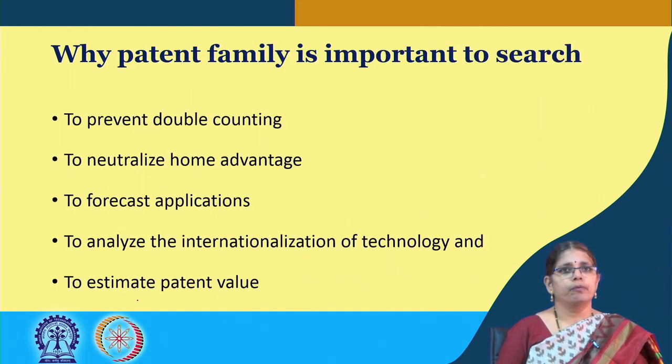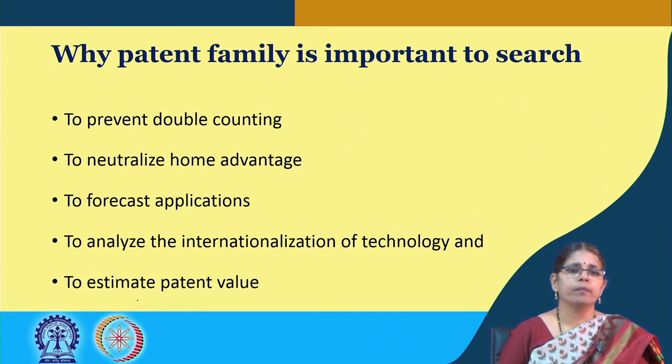We talked about patent family information earlier on. So, why is it important to search by patent family? It is to prevent what we call double counting of the same invention. It is also to get the importance of advantage of a particular invention in terms of its spread. It also helps to forecast applications in a particular area.